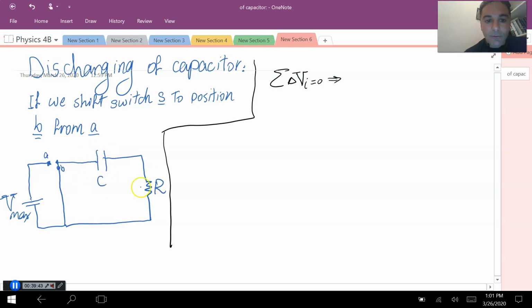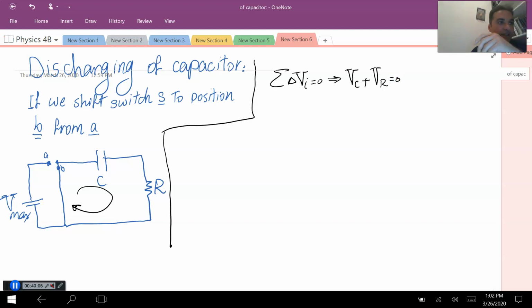One is the capacitor, one is the resistor. The battery is not in the circuit anymore, correct? So this is my closed circuit. So I have voltage of capacitor plus voltage of resistor is equal to 0.